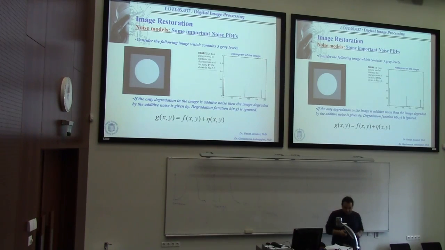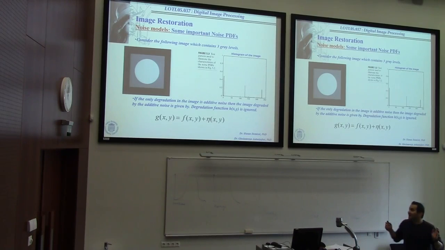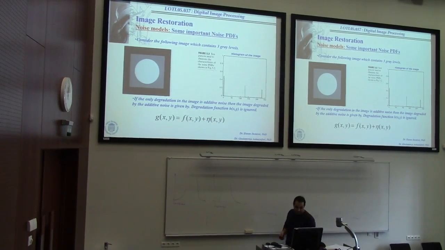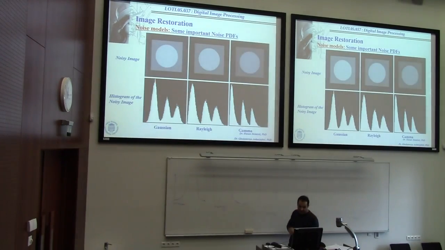And also, if we assume that for the degradation function we use just some noises, it means that we just add some noises to the image, but we don't use any degradation function to degrade the image. We just have some noises in the image.